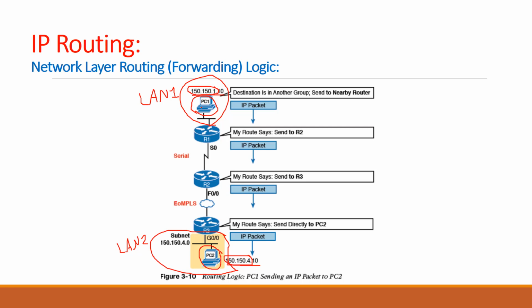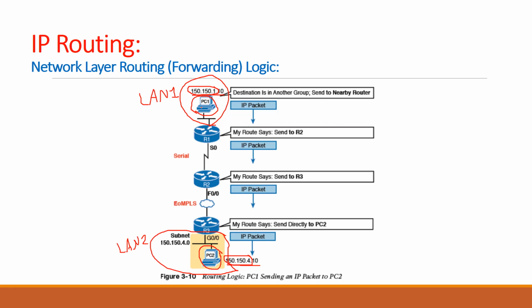If you are using Windows, you can think about the TCP/IP configuration and find it, and you will be asked to define the IP address, the subnet mask, and the default gateway. But for now, you have to know that PC1 sends any IP packets that are destined to a host not in the same group, in another group, to the default gateway.